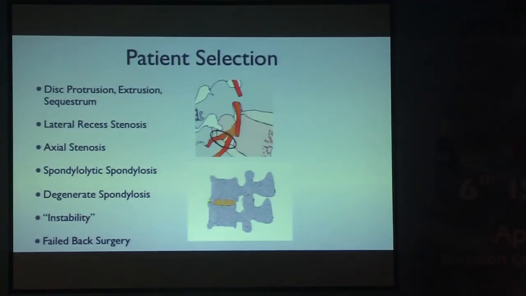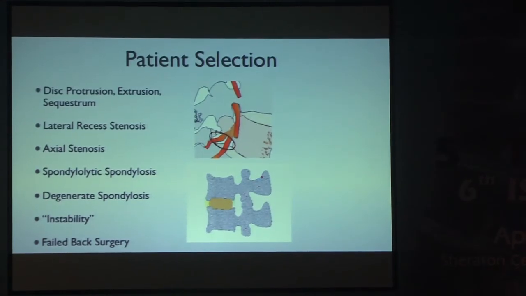So in terms of patient selection, it's useful in the treatment of disc protrusion and extrusion and sequestration, lateral stenosis, and axial stenosis at a less severe stage than those shown, I think, by Jean d'Estaing. And we use it in spondylolytic spondylolisthesis, because all you need to do is to free up the exiting or descending nerve root, as you'll see there.